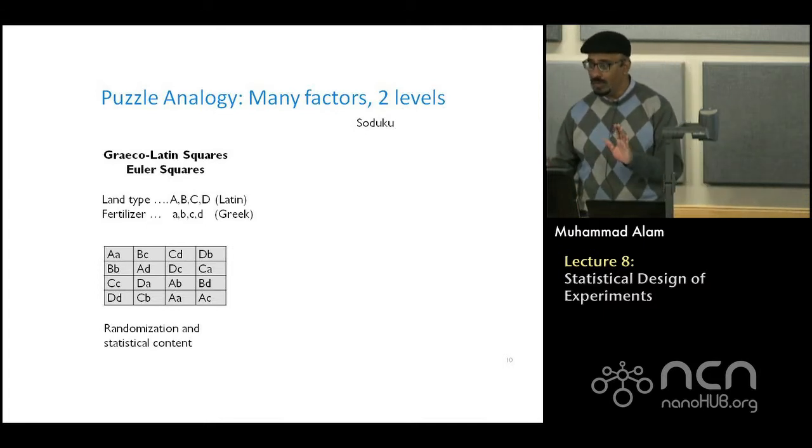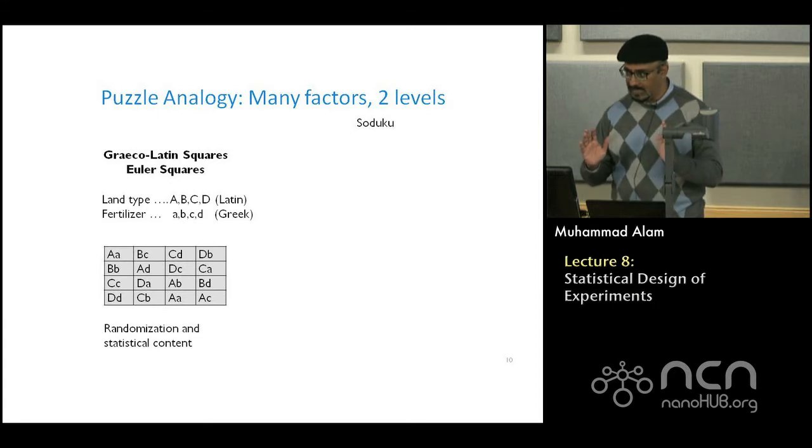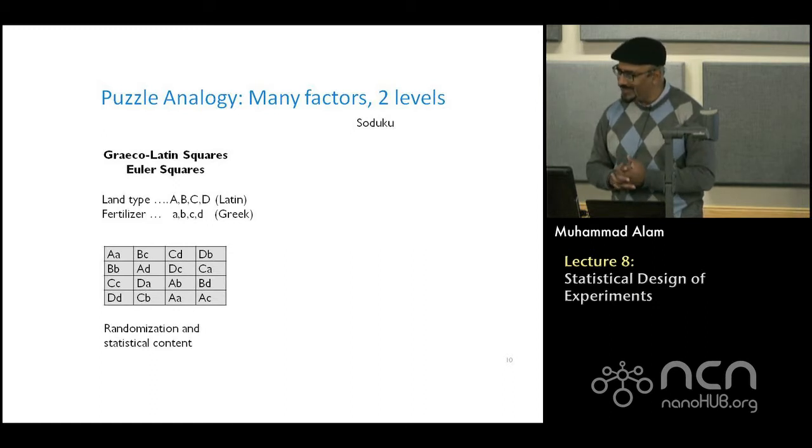There's no problem. I need 16 experiments, because it's 4 by 4: 2 factors, land and fertilizer, and 4 levels. So no matter how I do it, it is going to be 16.